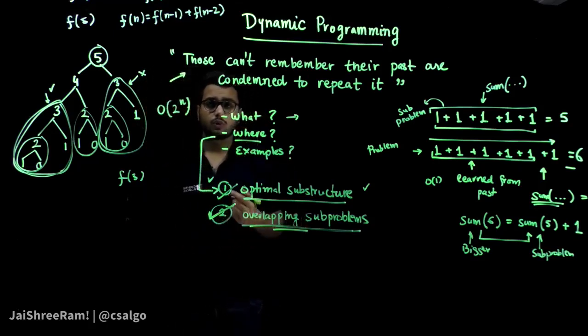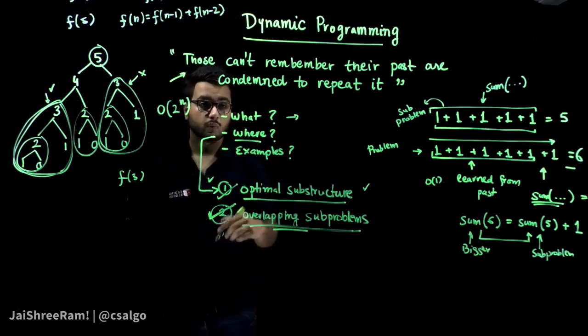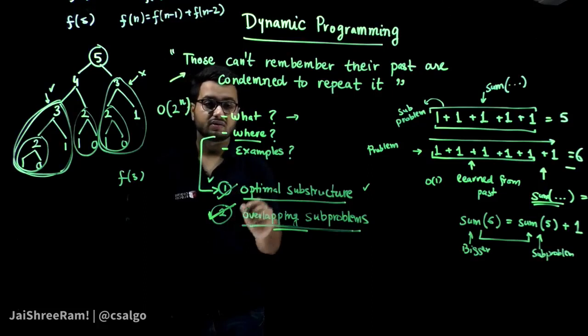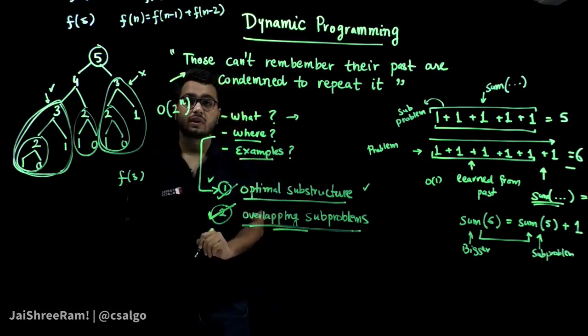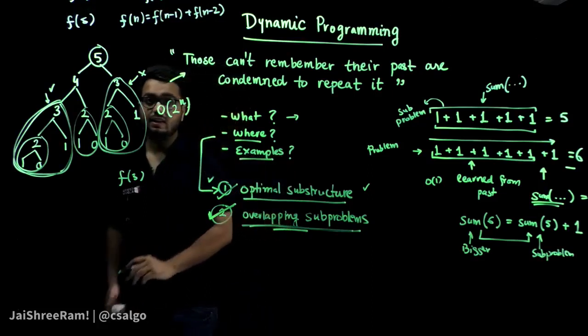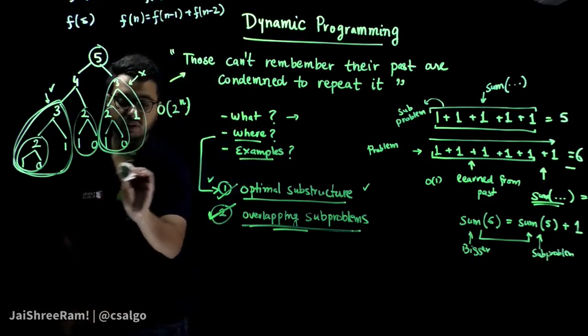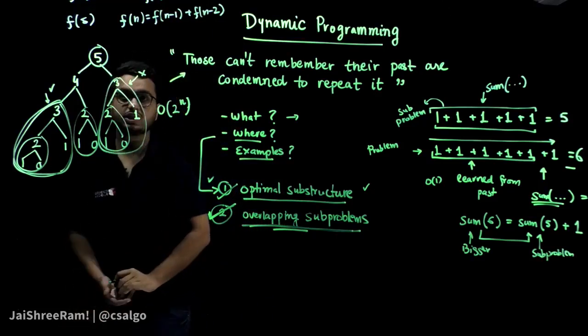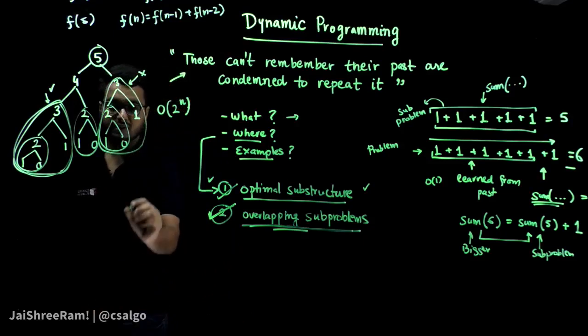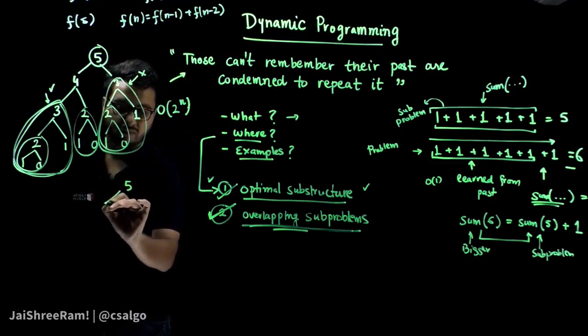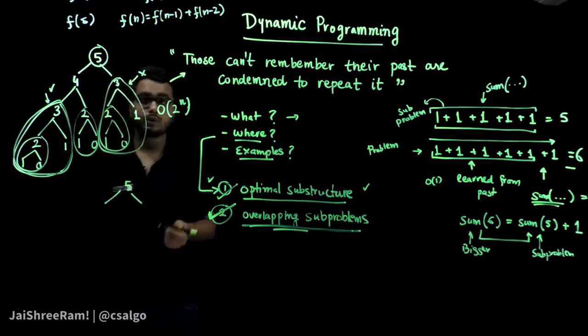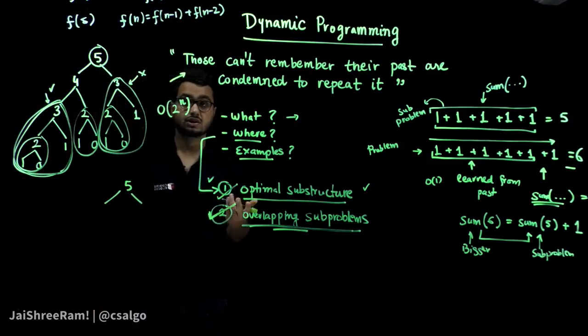So I hope you got an intuition what is DP, where it can be used, and we saw one example of Fibonacci, right? So let's see if we solve this problem using dynamic programming, what changes we will make. For example, again you start from f of 5, and this time in order to store your answers you need some data structure like an array or a hash table.